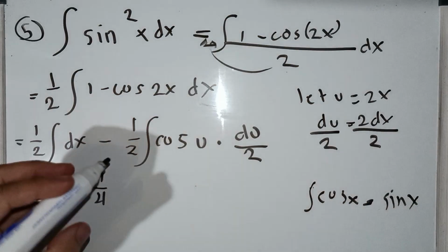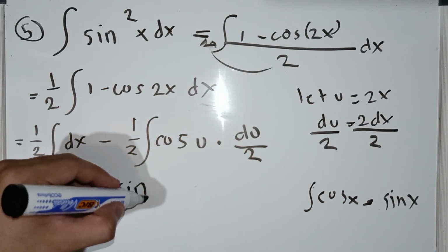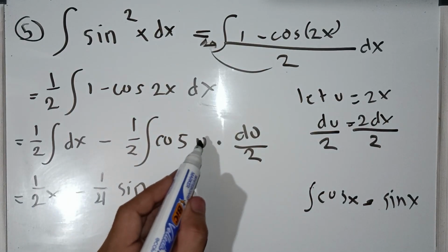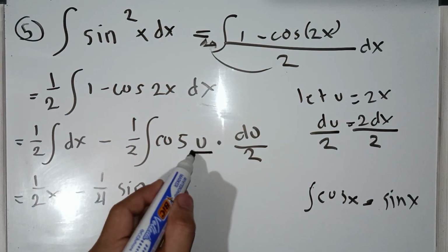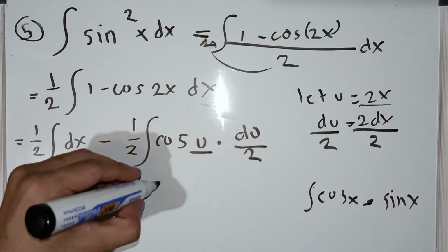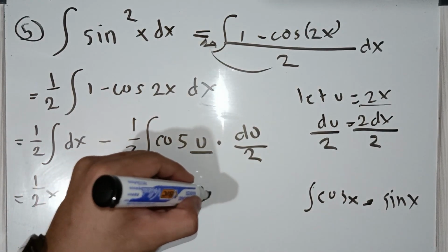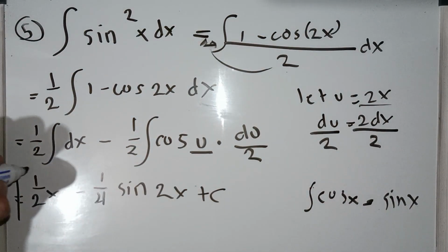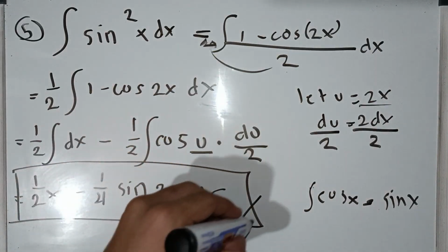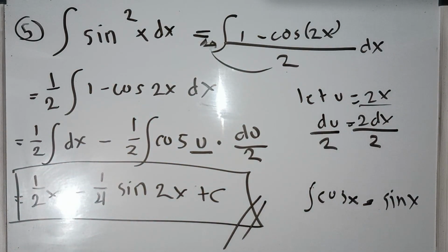So let's use this one, so sine, and since we have the value of u which is the 2x, let's use this as 2x plus c. So this is now the integration we get from the given problem, the integral of sine square x dx.